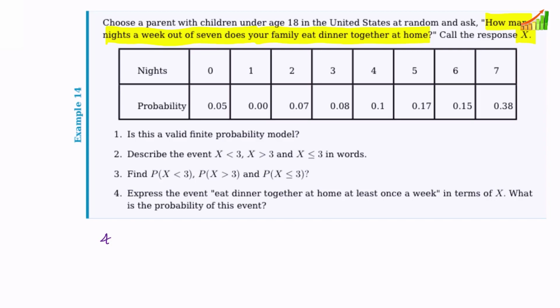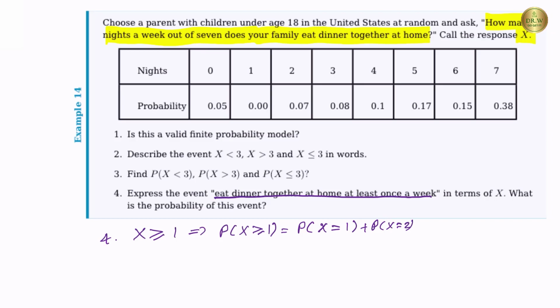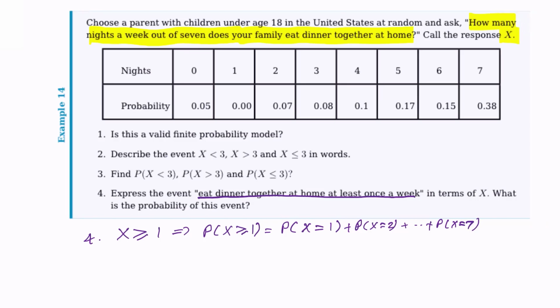The last one, part 4. Express the event eat dinner together at home at least once a week. At least once a week is x greater than or equal to 1. How do we find the probability of x greater than or equal to 1? We can add all the probabilities corresponding to x values: x equals 1, then x equals 2, and so on, up to probability x equals 7. We can also use the axiom for the complement event to solve this one.